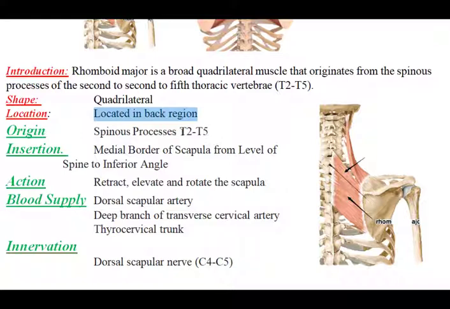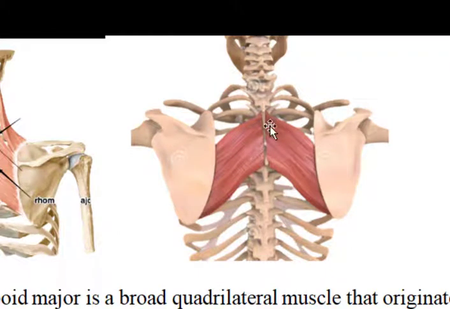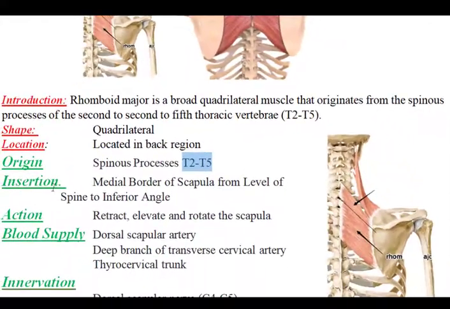What is its origin? It arises from the spinous processes of T2, T3, T4 and T5 vertebrae. So this is the origin point, if you can follow the cursor of the pointer. What is the insertion?